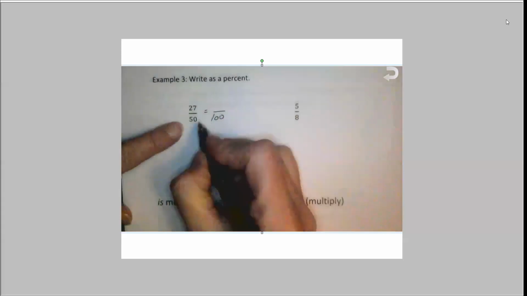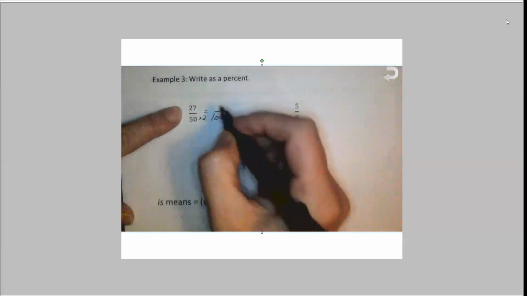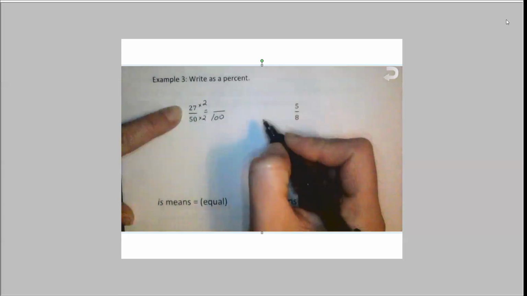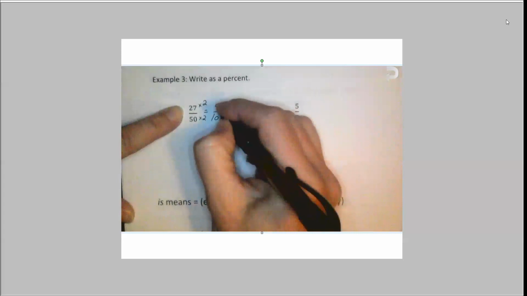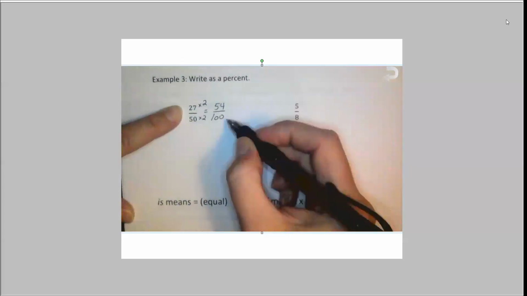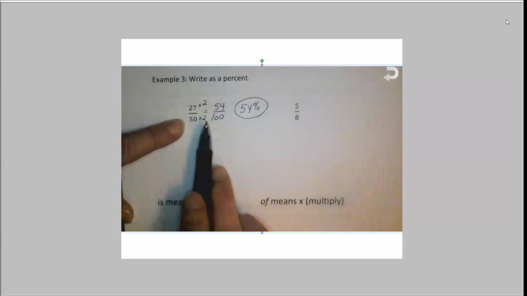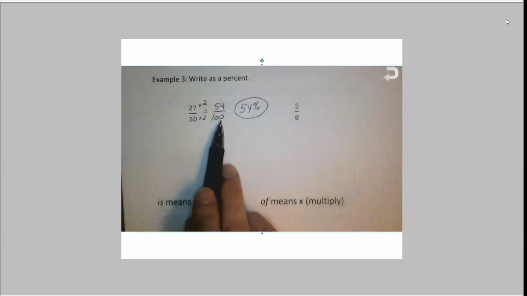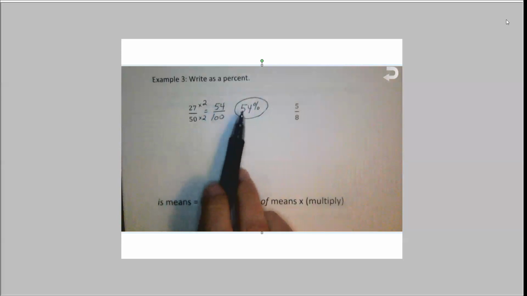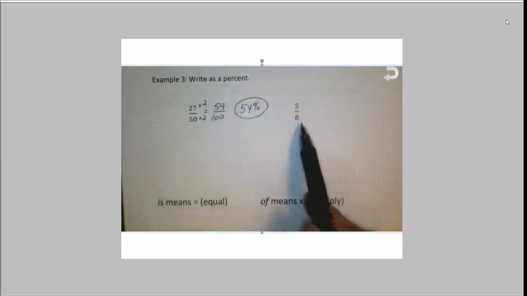I know that 50 times 2 is 100, so 27 times 2 would be 54, and 54 over 100 is the same as 54%. So if it's possible for you to convert this into some number over 100, then that numerator will be your percentage. It's not going to be quite as simple in this problem right here because you can't really think of a number times 8 that would equal 100.